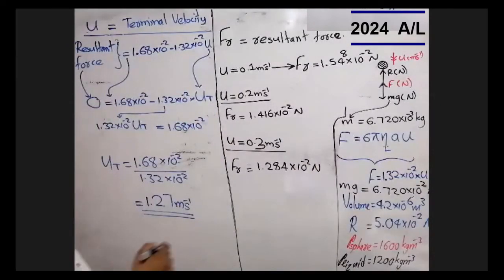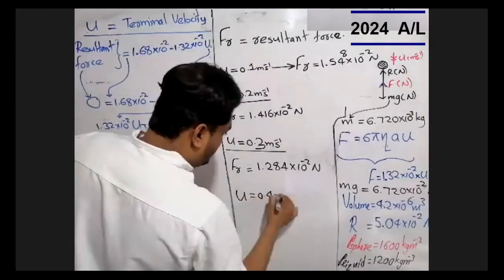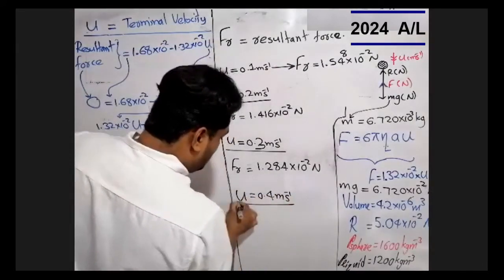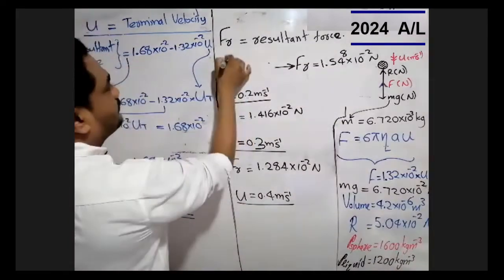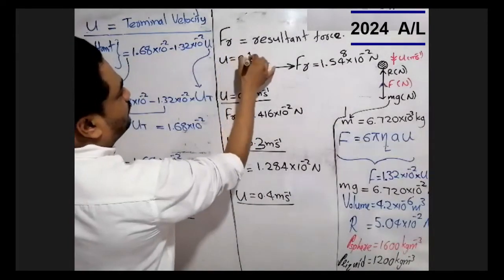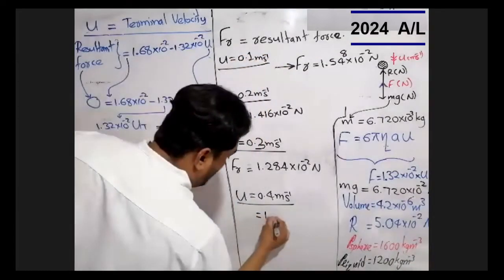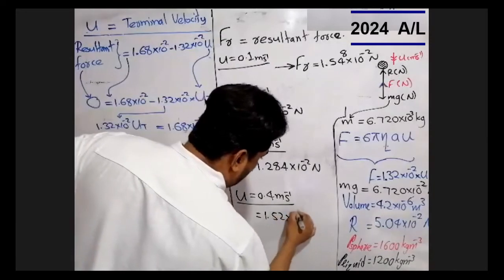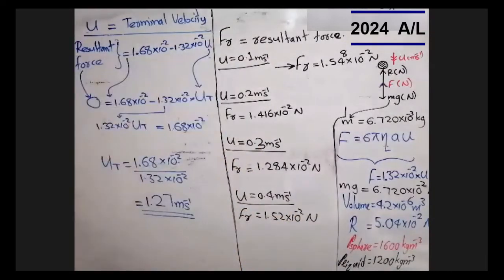Then what is the resultant force when the velocity is 0.4 meter per second? 1.152 into 10 to the power minus 2 Newton. Correct or wrong? Correct, sir.